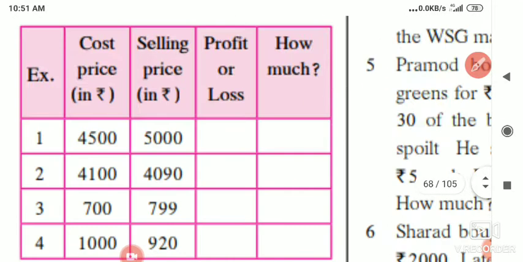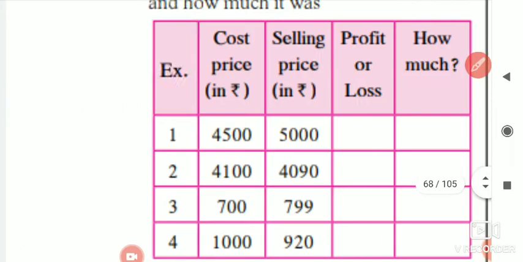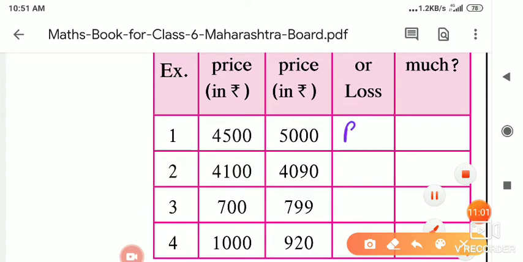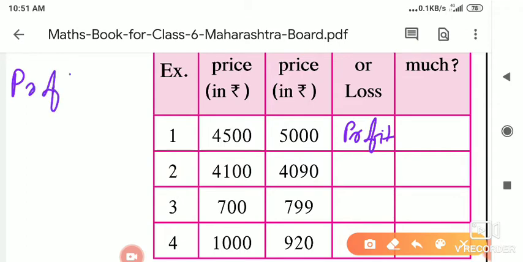So if you want to find out how much profit they got, as you know, profit is equal to, in short I will write now, SP minus CP.